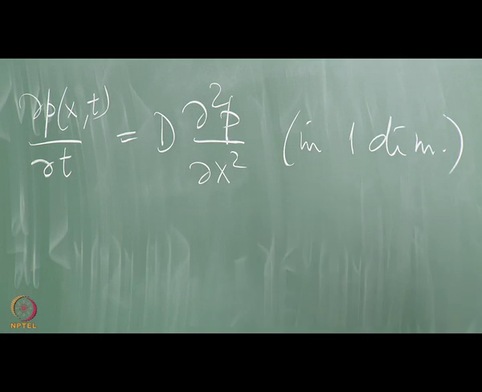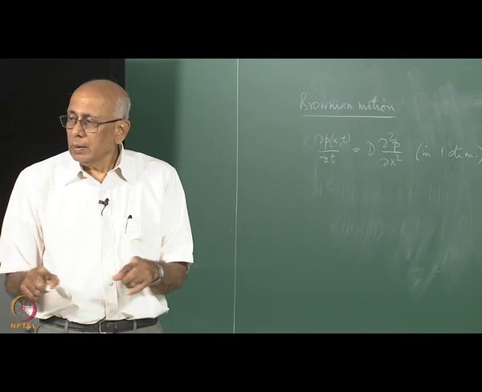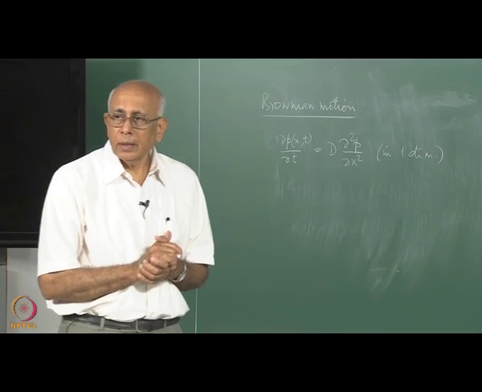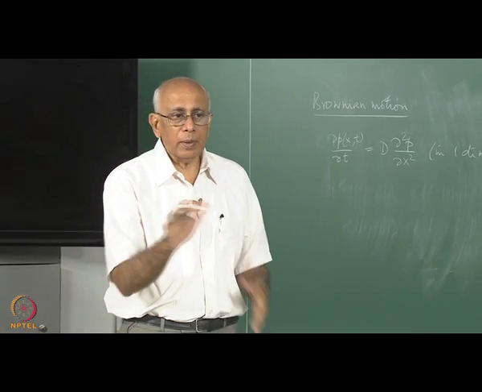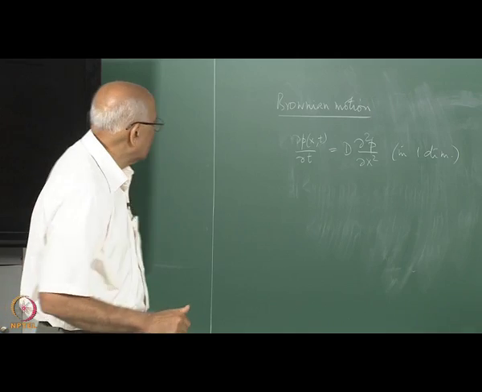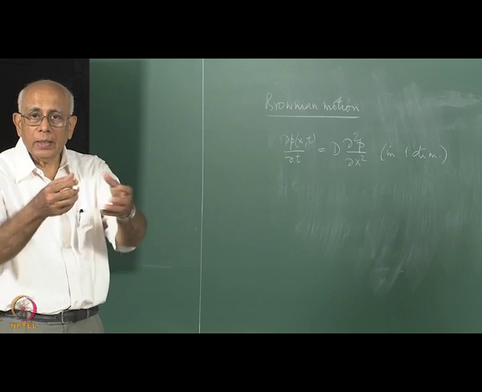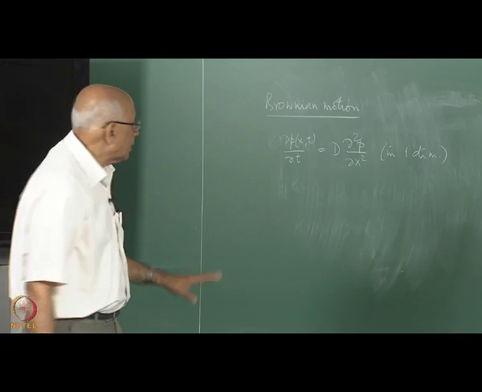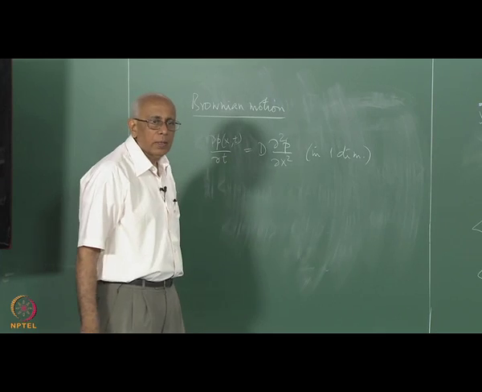And we know this comes from the Langevin equation for a free particle in one dimension in the presence of this random force eta, in the diffusion limit, in the limit in which t is much bigger than gamma inverse. And we also saw that this D is related to that gamma by kT over m gamma equal to D. Right now we are not worried about it, we just ask what this equation says.